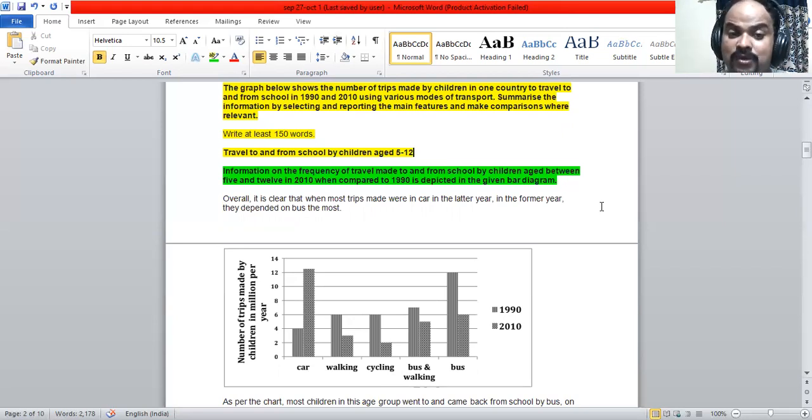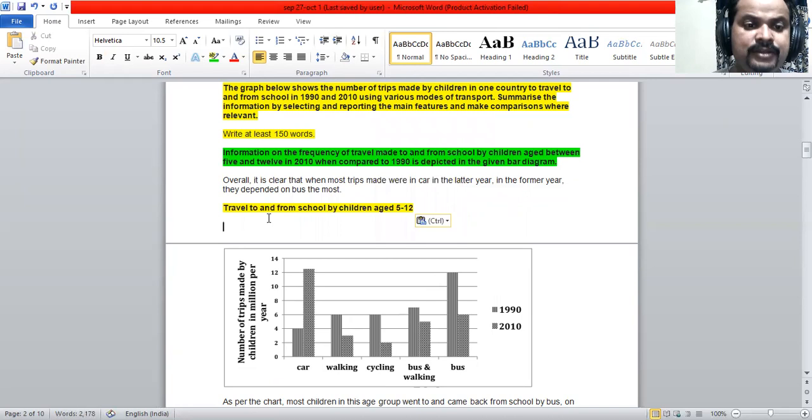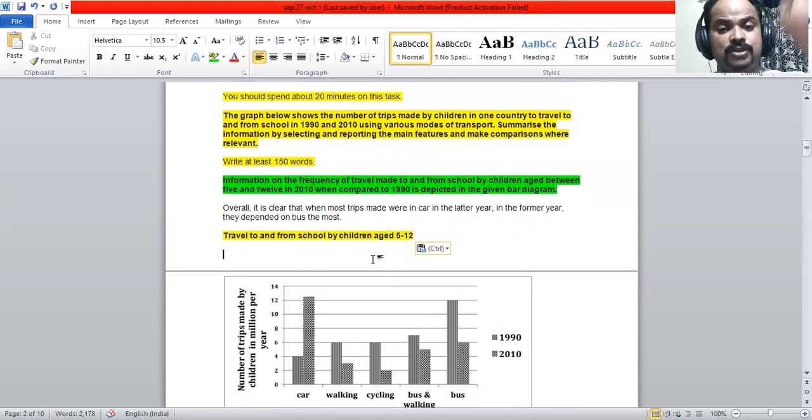That the age was not there in the question, it was there just above the chart. It was here. So this is not a part of the question, but it is the title of this particular chart. The age was not there in the question, but I have to include this particular data.